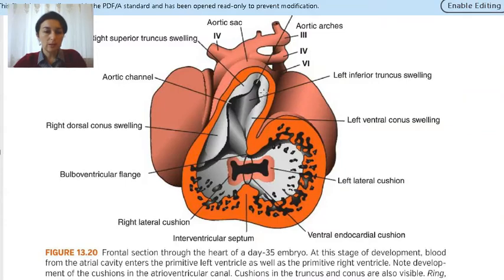All of these swellings will move toward each other, and finally they will subdivide this one lumen, one tube, into 2 tubes. One of them will be the pulmonary trunk, the other one will be the initial part of the aorta, and this septum will have a spiral course.